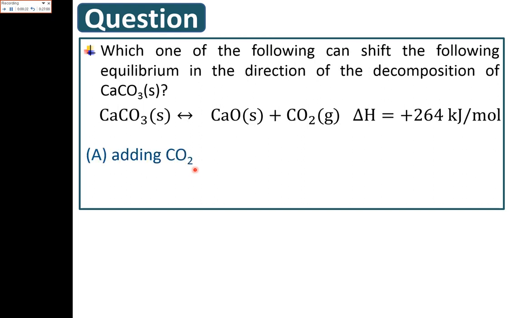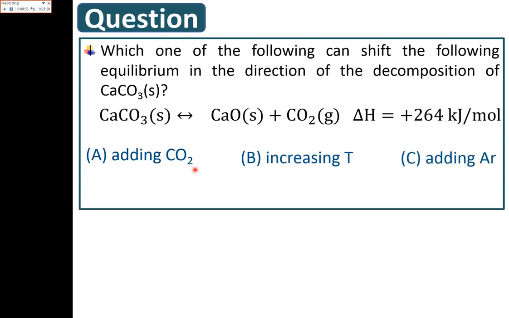Is it by adding carbon dioxide? Actually, adding carbon dioxide will shift the equilibrium to the left, not to the right. By increasing temperature, you shift the equilibrium to the right. So this will probably be the only correct answer.